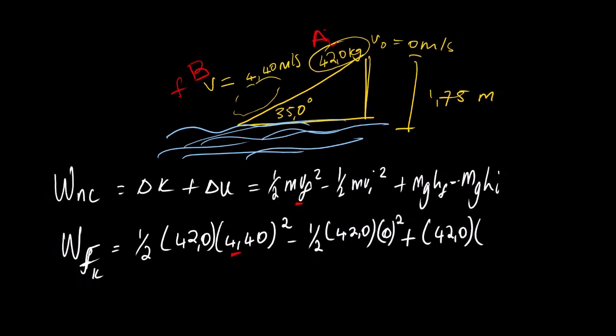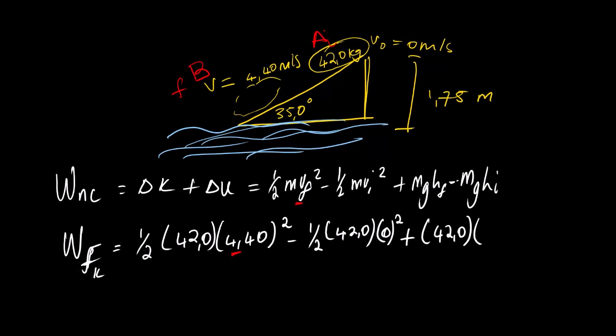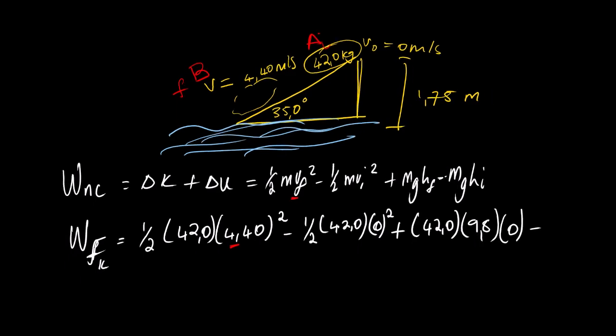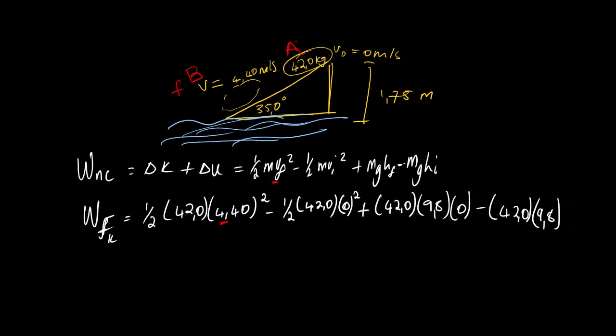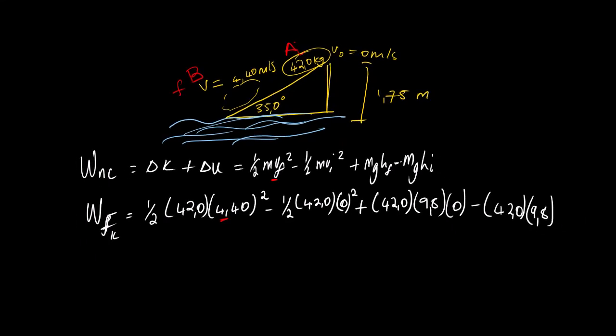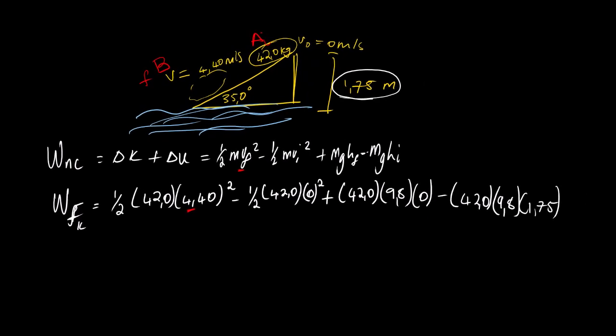We know our gravitational acceleration is 9.8, and the height is 0, minus the mass of the seal is still 42.0, gravity is 9.8, and the initial height, which is this one, 1.75 meters.